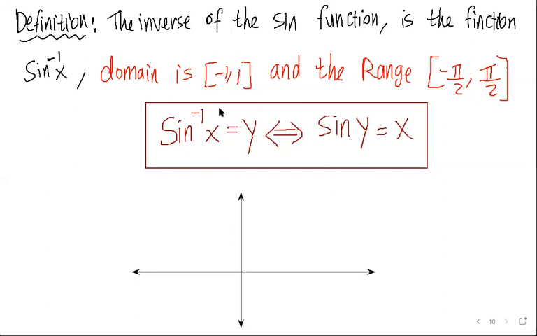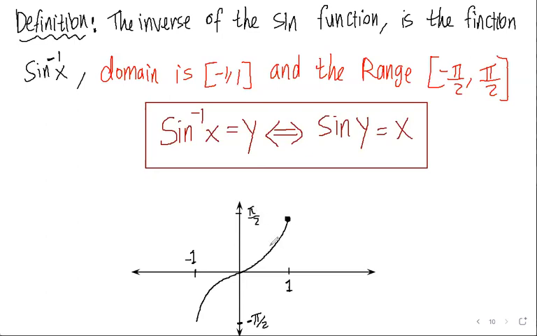From minus 1 to 1 is the domain. So here is minus 1, and this is 1. This is the domain. The range is from minus pi over 2 to pi over 2. So this is minus pi over 2, and pi over 2 here, the positive.